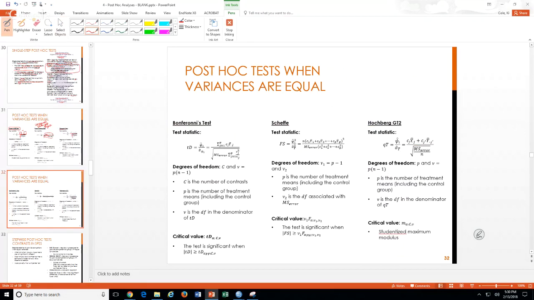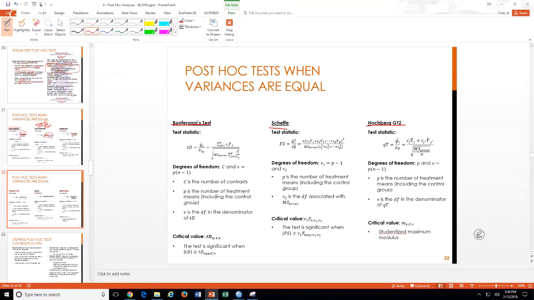Other common ones, the Bonferroni, the Scheffé, the Hochberg, they all maintain that same overall structure of difference in group means on the top and some measure of error in the denominator. But they're all named after a different person because some person thought that theoretically this one might better capture the difference, or that one might, just by these slight modifications.